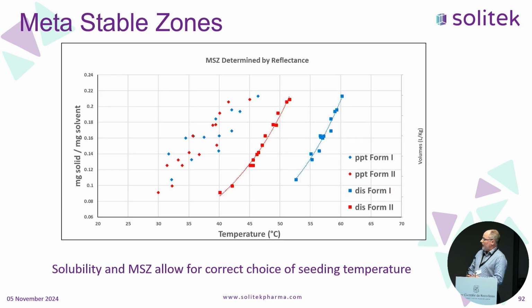So an example of how we use that. Let's consider two different polymorphic forms, form 1 and form 2. What we can do is we can start with bottles of the pure form 1, form 2, and we prepare different concentrations in our solvent in different vials. And then we perform the heat-cool cycles that I mentioned before.